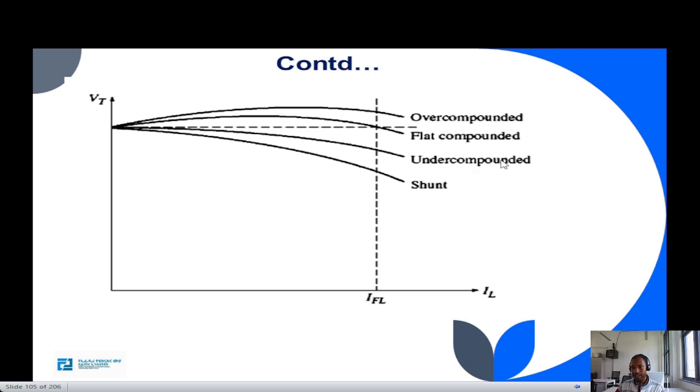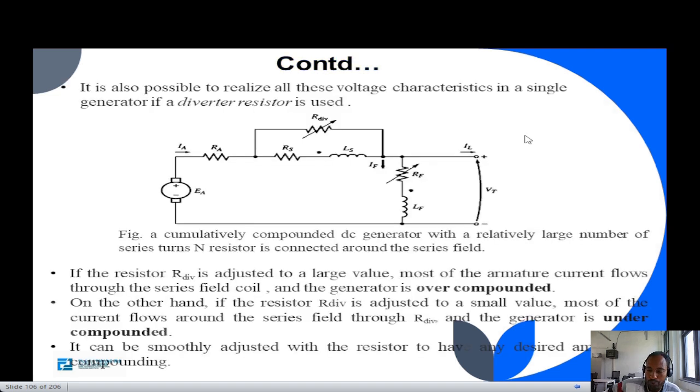And if no load voltage is equal to full load voltage, it is called flat compounded. And if full load voltage is greater than no load voltage, it is called over compounded, as we said last time. Now next to this, how can this operation difference be realized in a single DC generator? That's what I'm going to see.